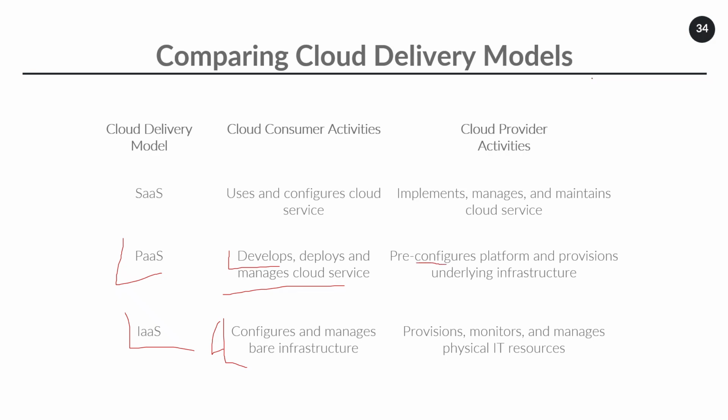It's the pre-configuration of all the platforms, and it also provides the underlying infrastructure. And software as a service, as a consumer, you use and configure the cloud service. The cloud provider is the one that implements, manages, and maintains that cloud service. Makes sense now, right?